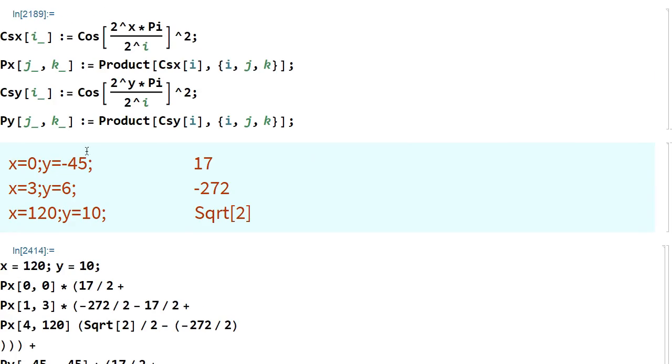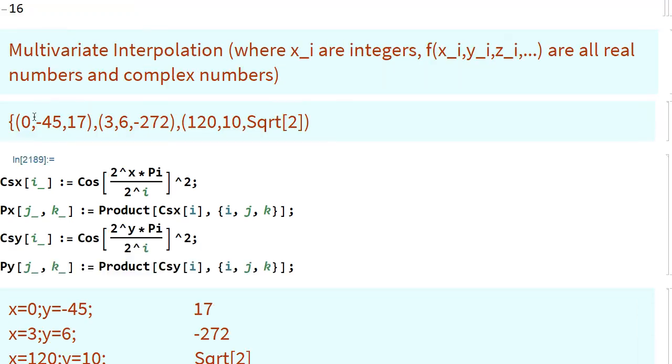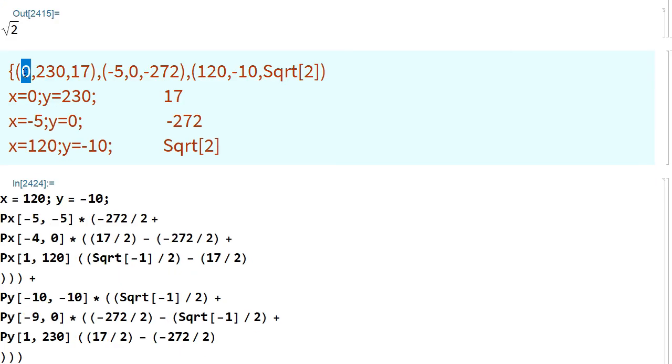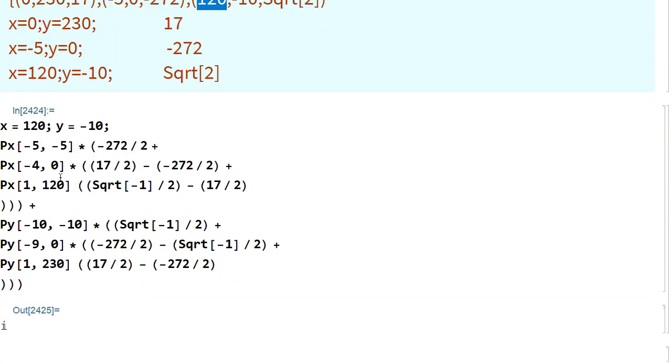Let me go back to the previous example. So this right here is less than this, which is less than this. This right here is less than this, which is less than this. But here it's not that way. This is greater than this, and this is less than this, and so forth. So that pattern is broken up, but all we have to do is just do it in order this way when we construct the function.